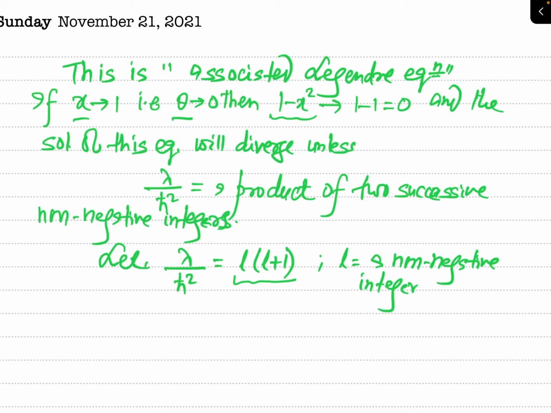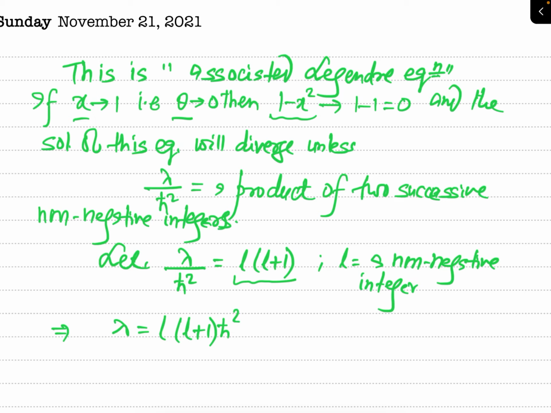So for obtaining a finite solution, we must have lambda over h bar square equal to L into L plus 1. And so lambda will be equal to L into L plus 1 times h bar square.